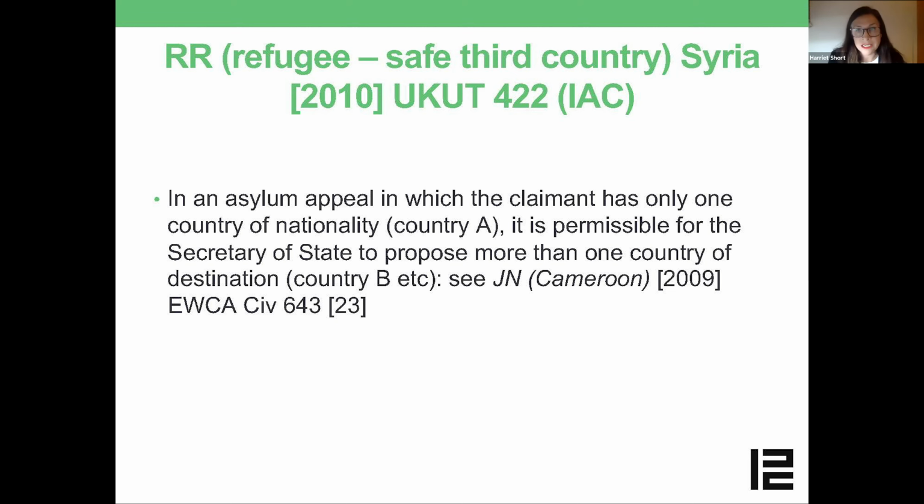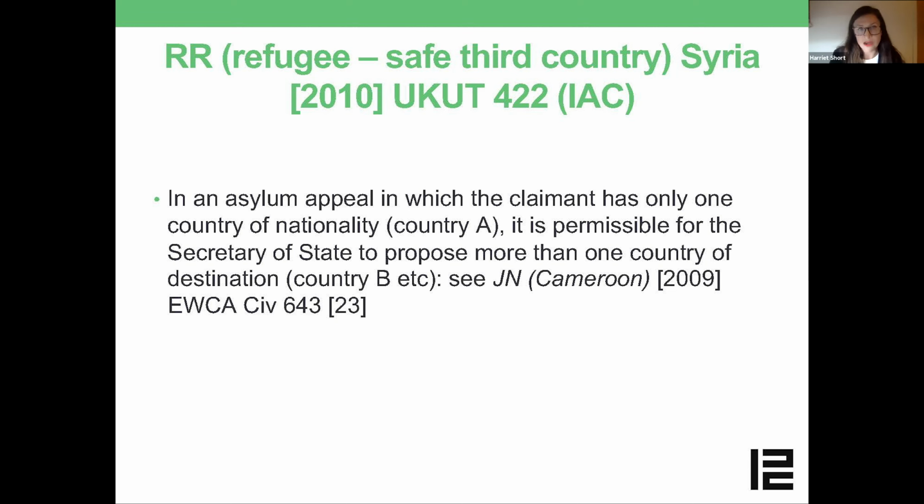And Algeria was identified as a removal direction because of the claimant's links with that country. She was married to an Algerian national. She had Algerian children, and she had lived there for some 9 months prior to flying to the UK. The UT held that the fact that an individual is a refugee, has a well-founded fear of persecution in their country, doesn't automatically entitle them to a grant of refugee status.